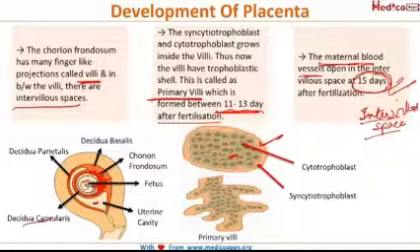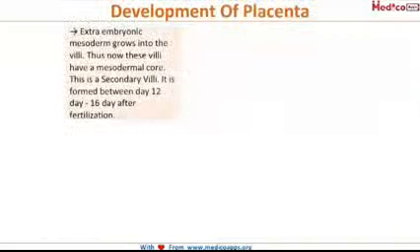And this is the picture for our primary villi, in which the syncytiotrophoblast and the cytotrophoblast grow inside the villi, and this occurs at 11 to 13 days of gestation. Now, between the 13th and the 16th day, the extra embryonic mesoderm grows inside these villi, and they now become the secondary villi.